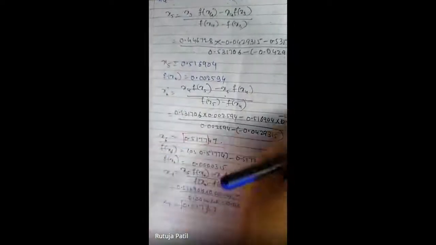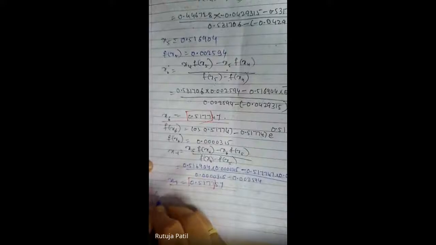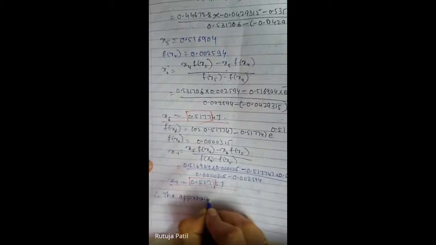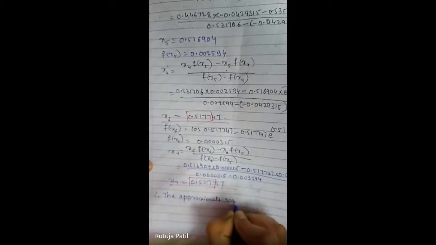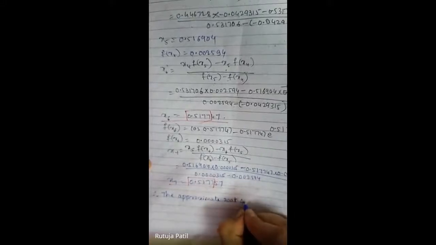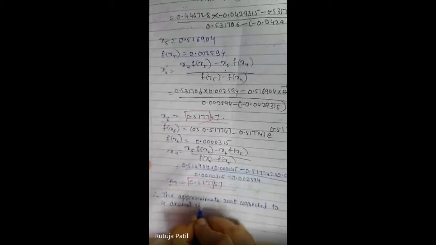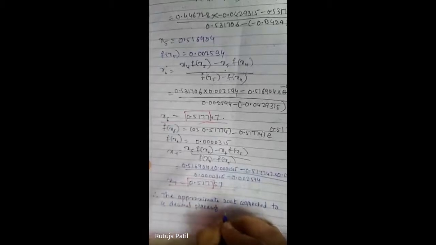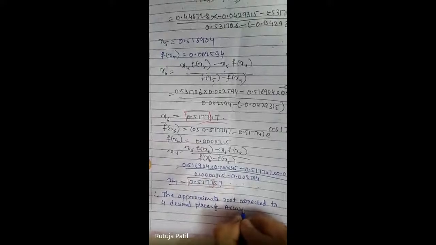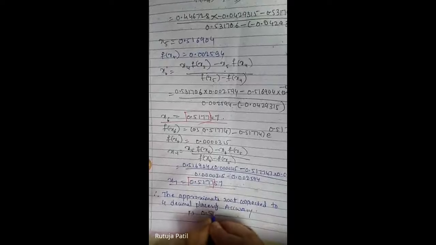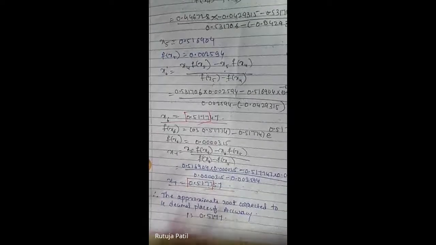Therefore, the approximate root, corrected to 4 decimal places of accuracy, is 0.5177.